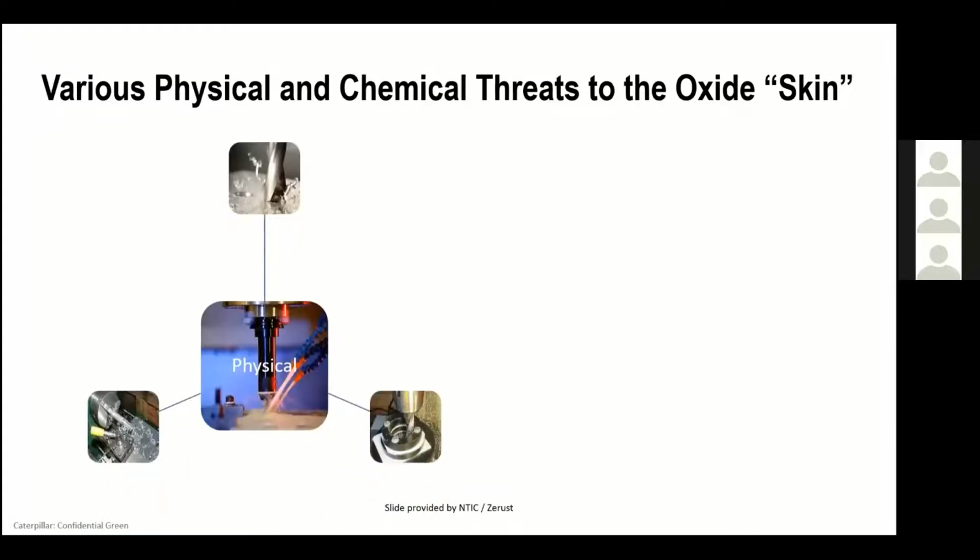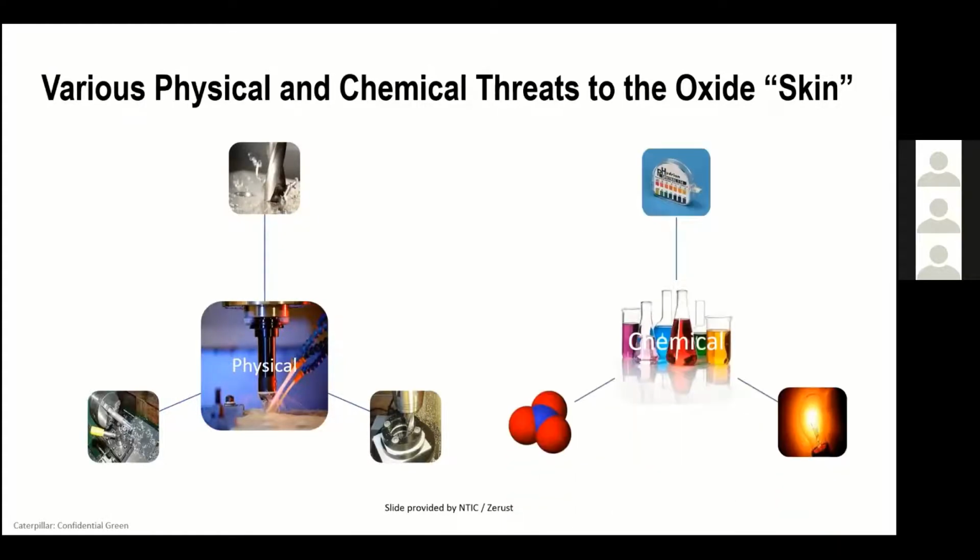Now I'm going to talk about some of the physical and chemical threats to that oxide skin. Like I mentioned, it's there initially as a protective measure, but there are other things that could start to accelerate corrosion on a nice metal surface, and that's if you do anything physically to that surface.